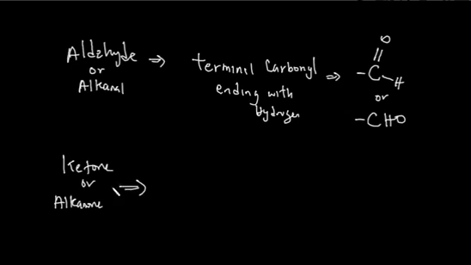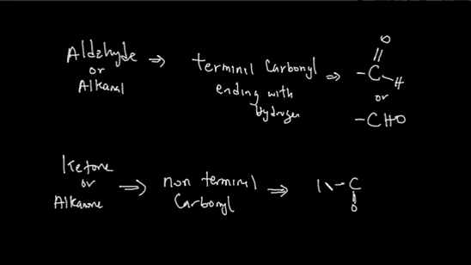If it is ketone, it will be non-terminal carbonyl. What does that mean? It means that this C double bond O will be between carbon atoms. If the C double bond O is at the extreme and then ends with hydrogen, it is alkanal. But if it is between carbon atoms, then it is referred to as an alkanone or ketone. Is this clear?